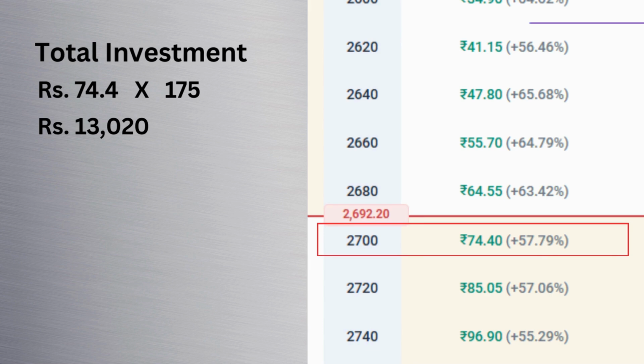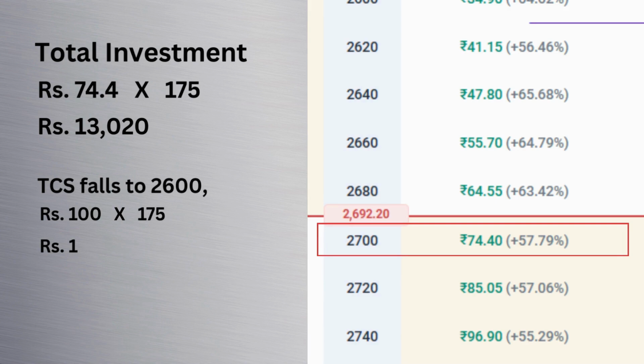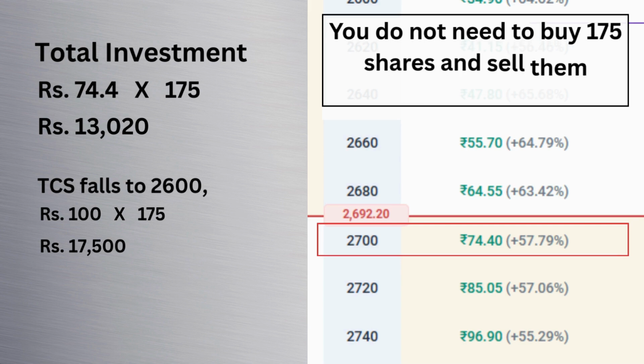Now suppose at expiry TCS falls to 2,600 rupees. Since your strike price is 2,700, you have a price advantage of 100 rupee per share. With 175 shares in one lot, that price advantage translates into a total value of 17,500 rupees. You do not need to bring 175 shares and sell them physically.